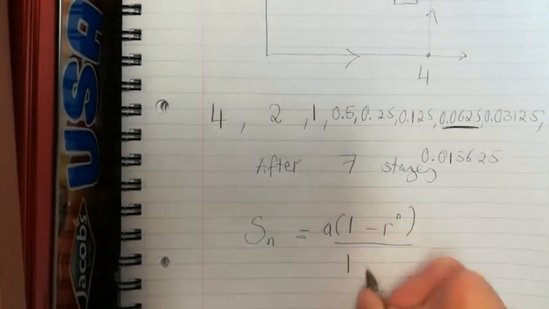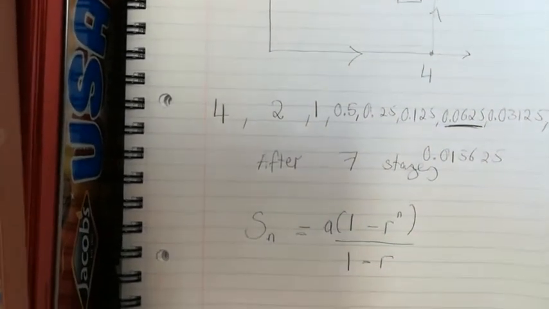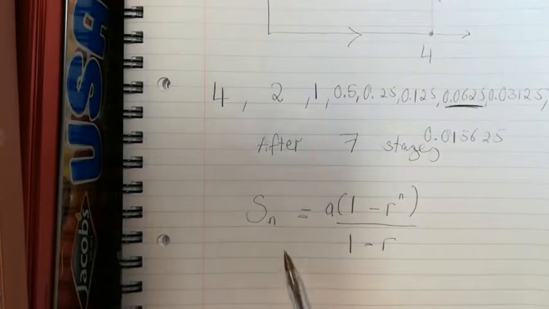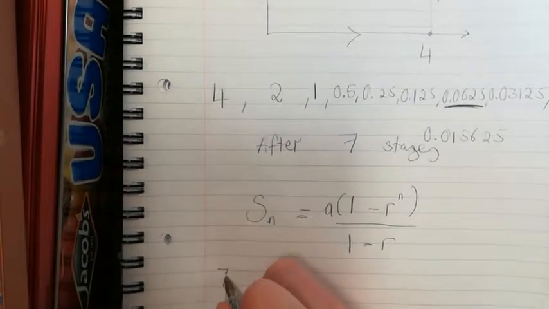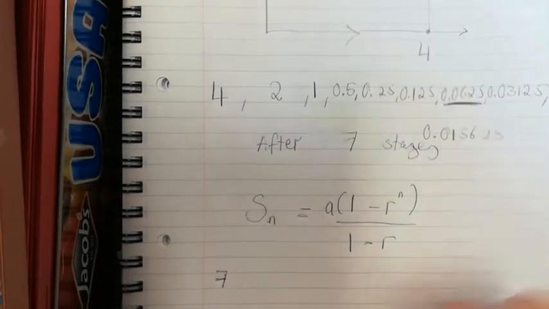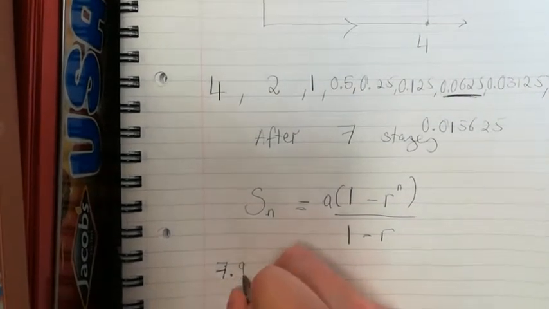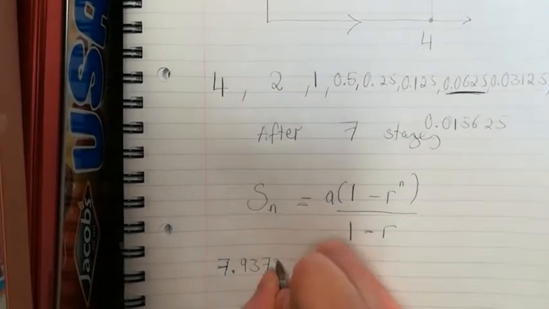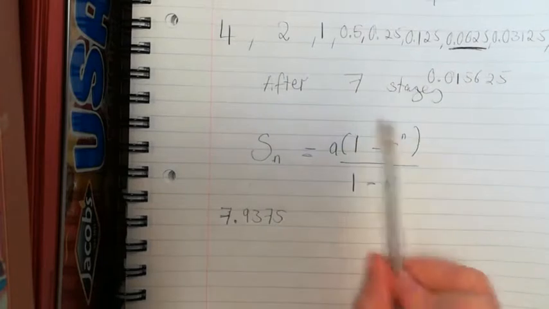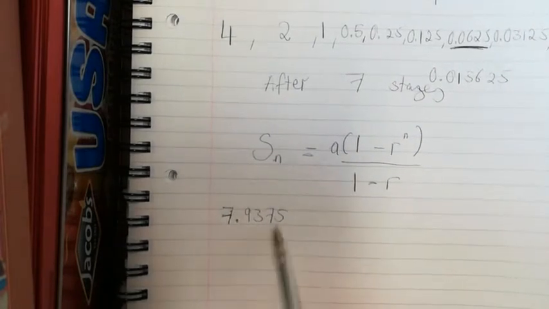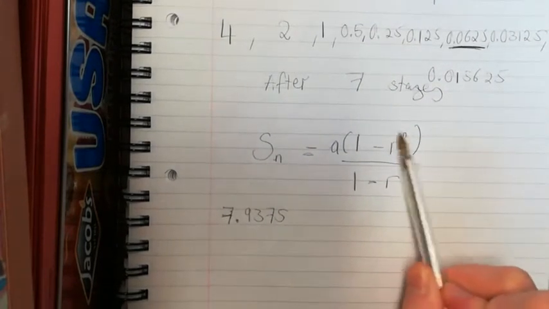We already know the sum, 7.9375, so we could let this equal 7.9375 and then figure out our value for n.